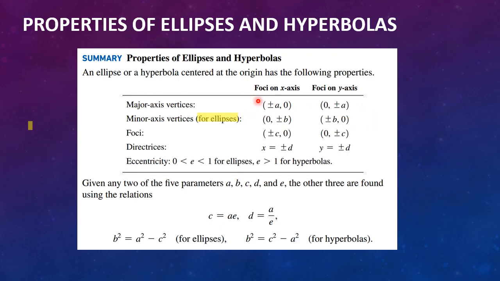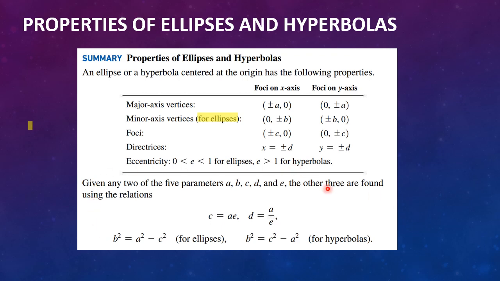A is on the major axis, B is on the minor axis for ellipses, C is always the foci, and then of course the directrix is that line D. And as we just saw in the last slides, the eccentricity constant is between 0 and 1 for ellipses and greater than 1 for hyperbolas.